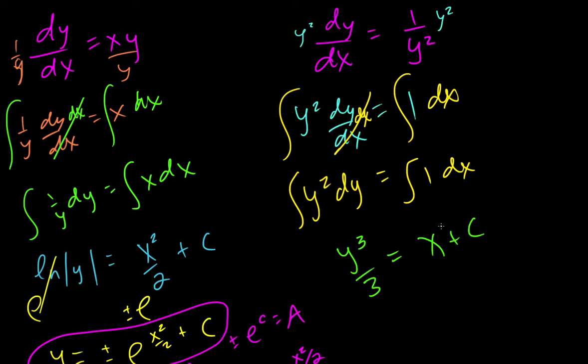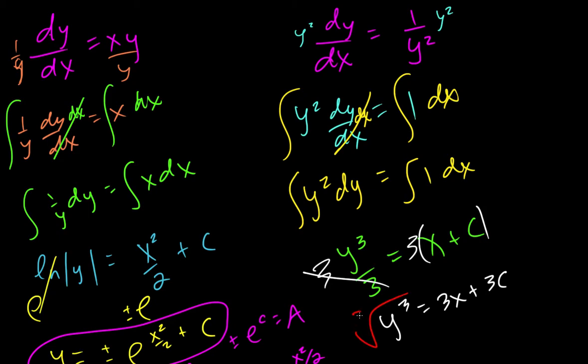And then we multiply both sides by 3, and cube root, is equal to y.